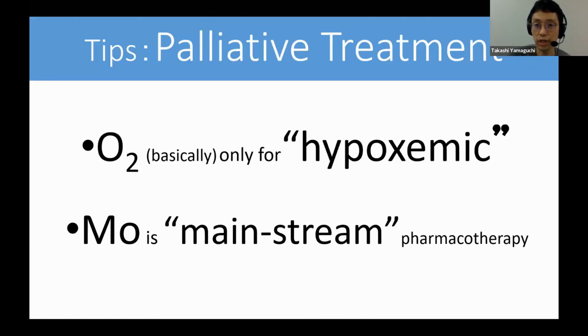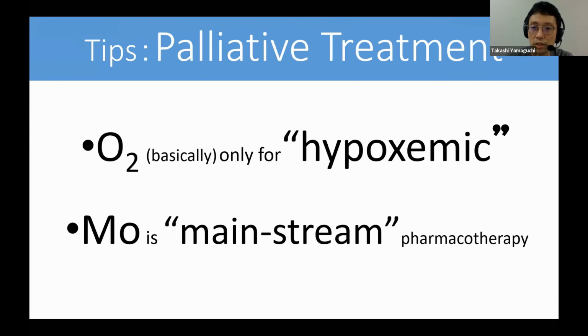So in summary of the palliative treatment for cancer dyspnea, oxygen is basically only for dyspnea in hypoxemic cancer patients. So we do not suggest using oxygen therapy for cancer patients with dyspnea without hypoxemia.